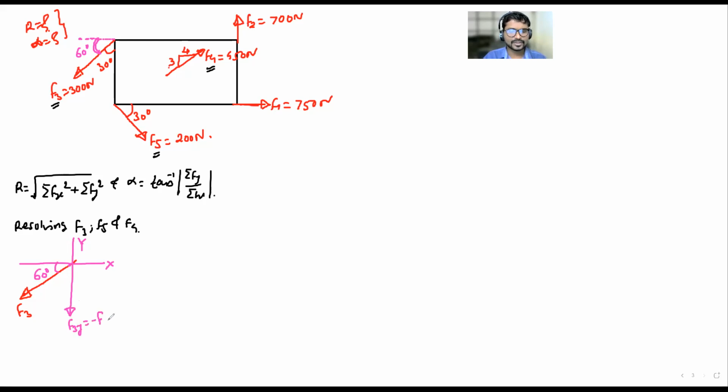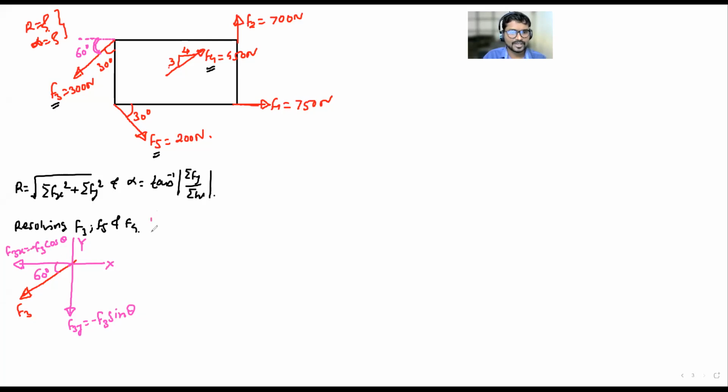Minus. F3y will be equal to minus F3 sin theta, minus because it is downward. Then this will be its x component. F3x is equal to minus F3 cos theta. That is the resolution of F3.